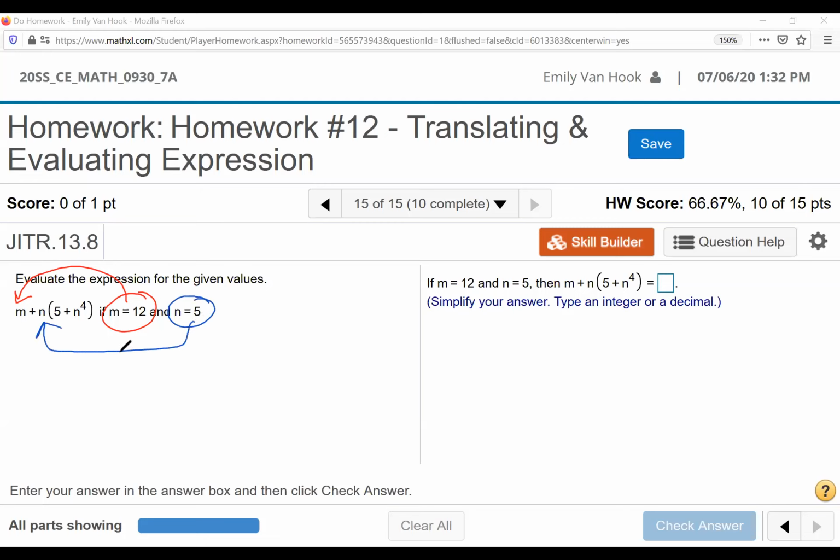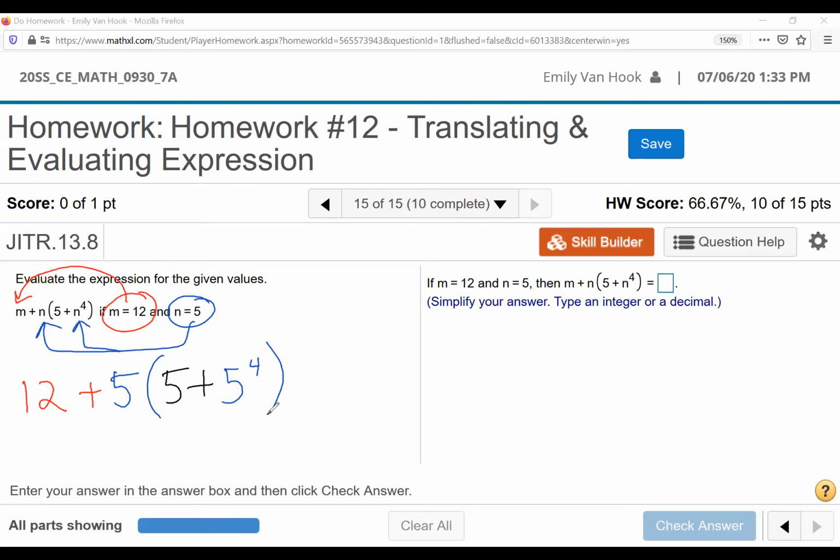There's 2 different places to plug in n. So let's carefully rewrite this. Instead of m first, I'm going to write 12 plus, then I'll replace n with 5, then parentheses. Inside the parentheses is 5 plus, and then n to the fourth, I will write 5 to the fourth.